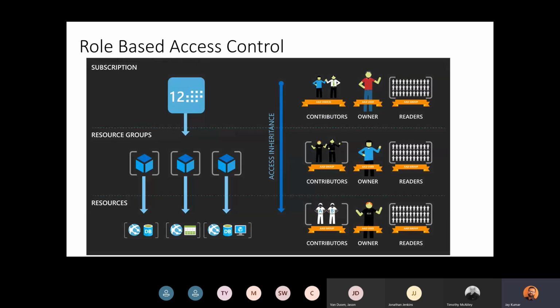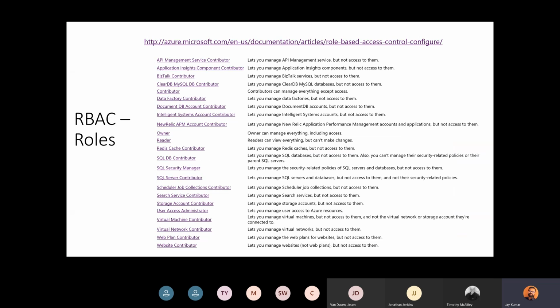So this is the inheritance. I told you that if you have a subscription, then there are resource groups and resources, and all these things flow from the top to the bottom. That is access inheritance. And there are a bunch of roles that come by default.